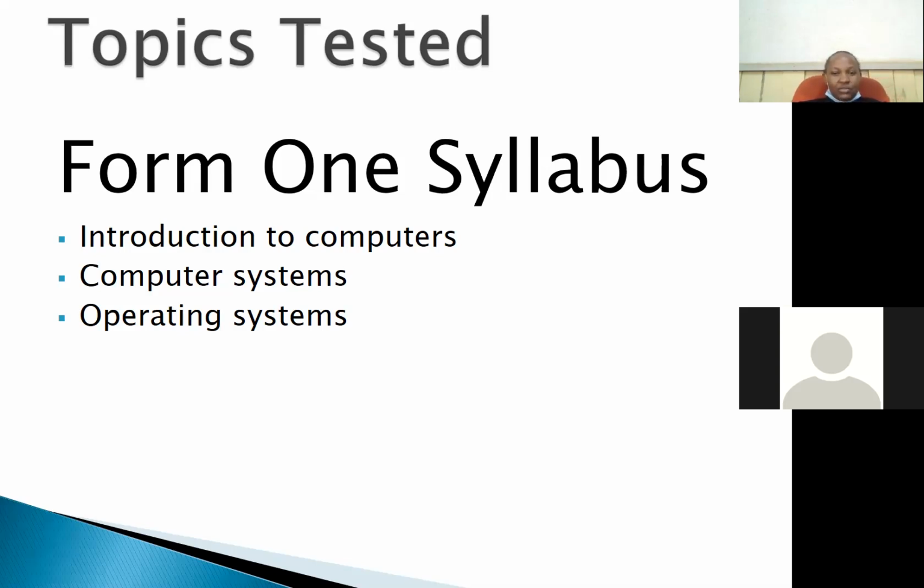Those are aspects that you should understand as a candidate. Booting of a computer, the computer keyboard. We also have mouse skills. Then from there, we have the second topic, which is computer systems. Here, we're going to look at the elements of a computer system, which are the software, hardware, and the computer user.